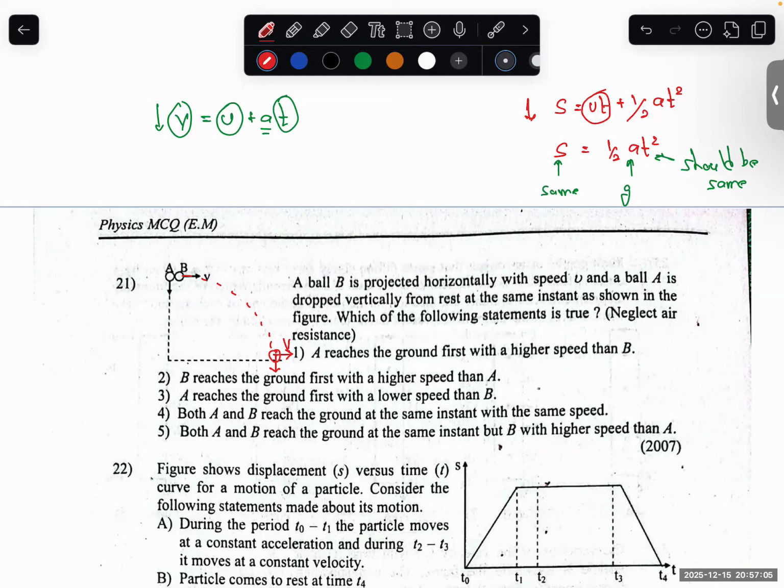But you know, in Pythagoras, the hypotenuse is always greater than the adjacent sides, right? So you have that knowledge. So you know for B, definitely the speed will be greater than A. So you know what the answer is.